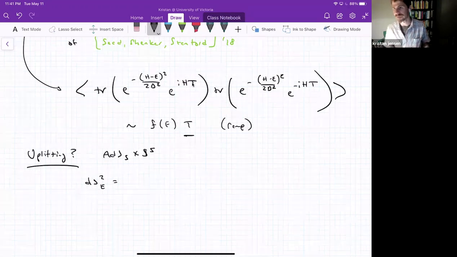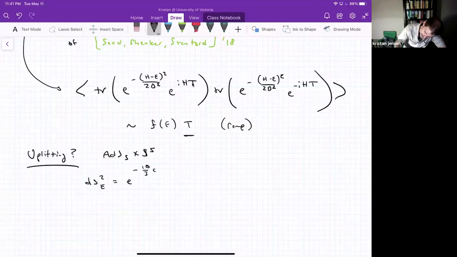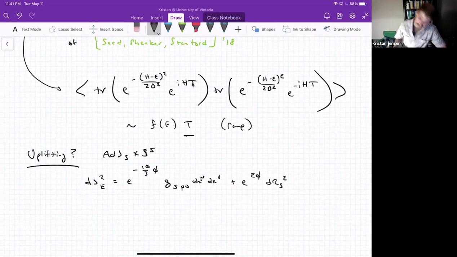There's a Weyl shift sitting in front of it, a Weyl shift by the S5 warp factor. So there's the 5-sphere part, and then there's the 5D part, and there's that conventional Weyl factor there.